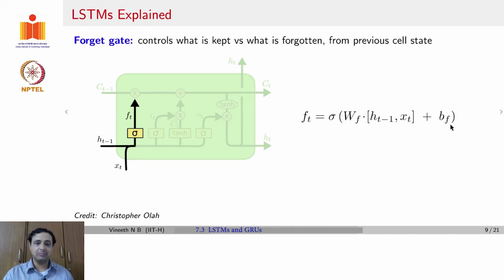You have a bias BF corresponding to the weights, and then you apply a sigmoid activation function to ensure your outputs lie between 0 and 1. That's the output of the forget gate. And what does the forget gate do? It does an element-wise multiplication with the previous cell state Ct minus 1 to decide how much of that information should be erased and how much of that information should be kept.